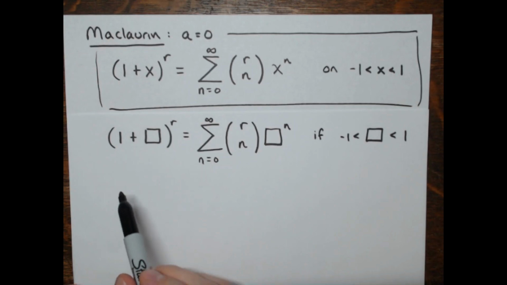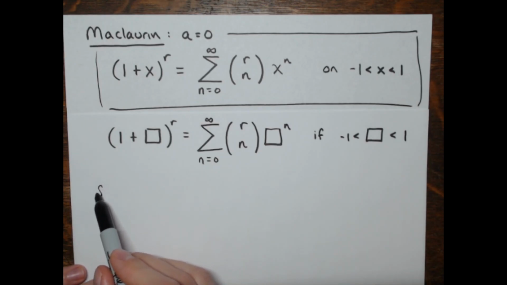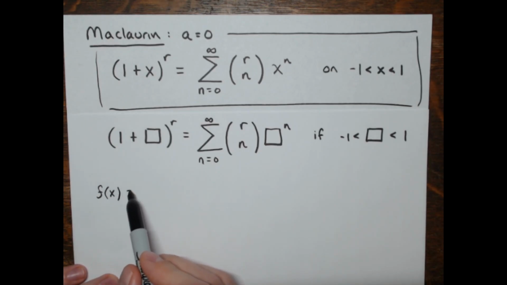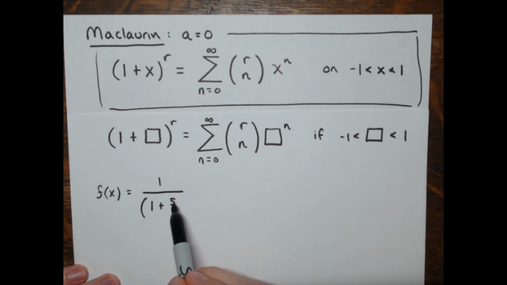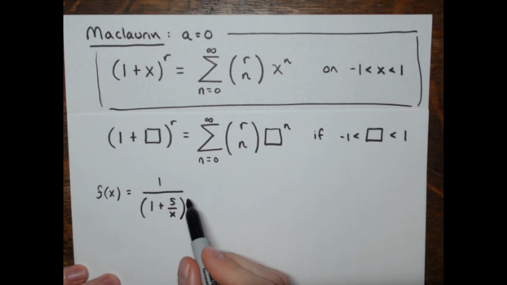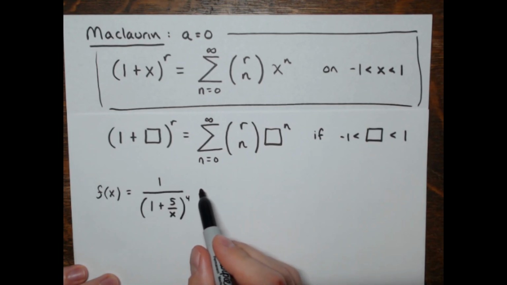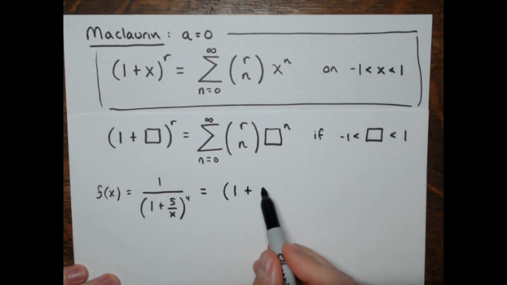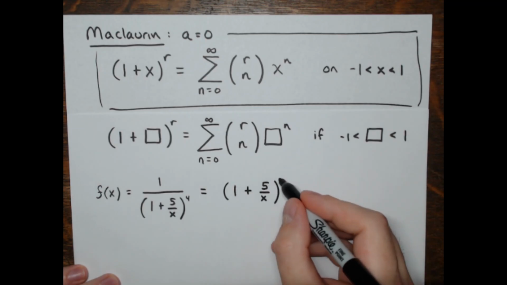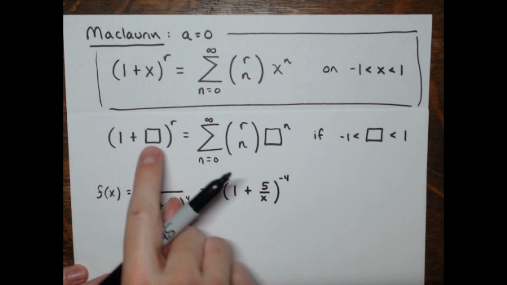Anyway, so our function here in this example is this. F of x equals 1 over 1 plus 5 over x to the 4th power, which is the same as 1 plus 5 over x to the -4th, right? So it's 1 plus something.